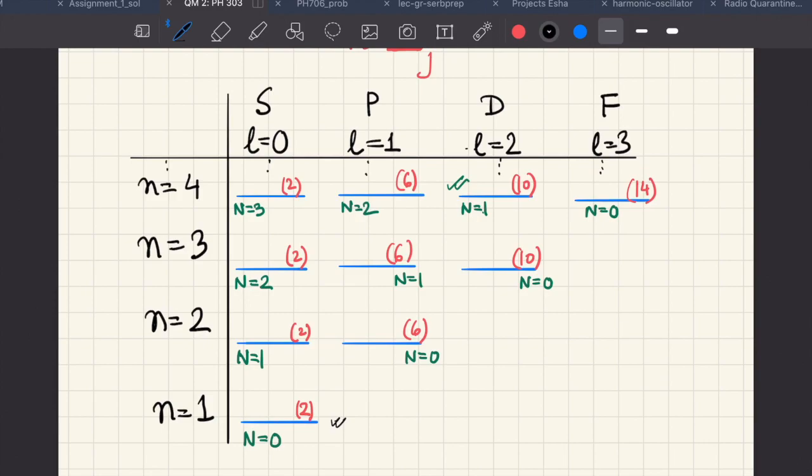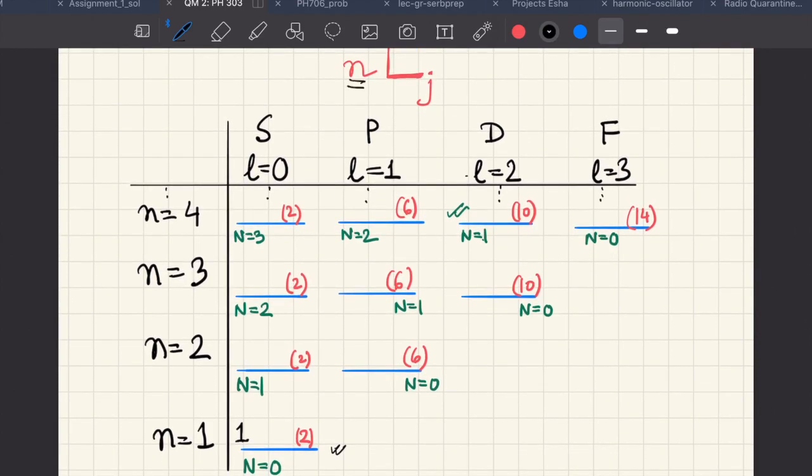So our notation will therefore be 1 for small n, because this is the notation that we are going to follow, and then capital L for small l equal to 0 is nothing but capital S. So 1s, and what should be the J here? The J here is nothing but half, because 0 tensored with half is going to give you S half. In all l equal to 0 states, this is going to be the same.